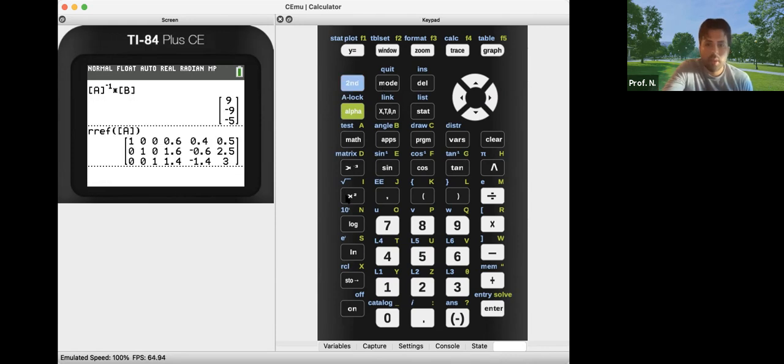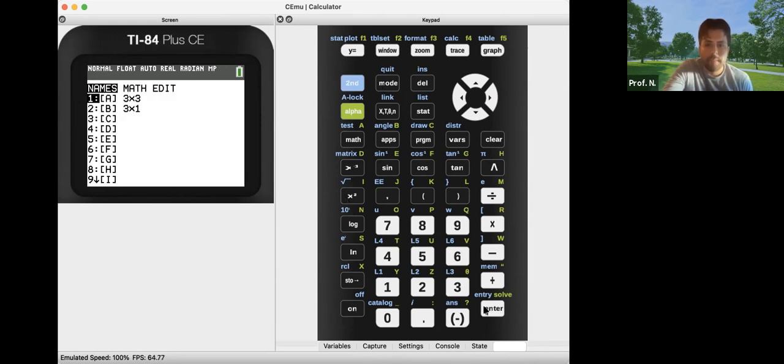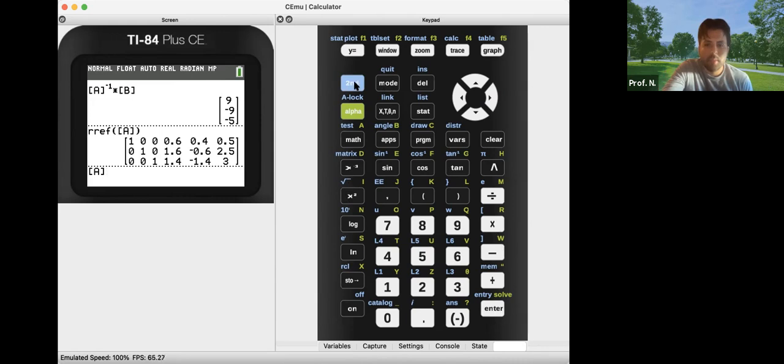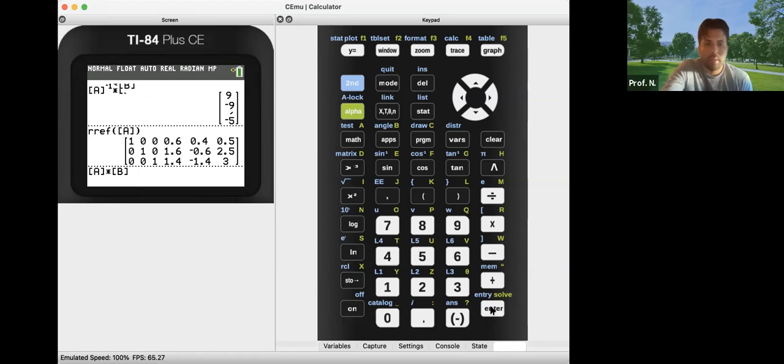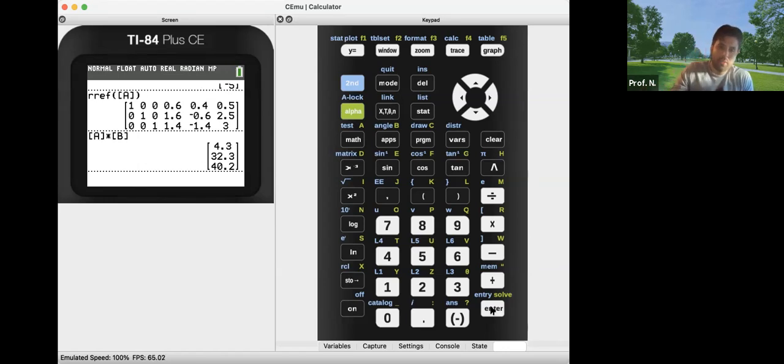Okay, so now when I multiply this, the A matrix times the B matrix, I get a strange column vector, but it is what it is. 4.3, 32.3, and 40.2.